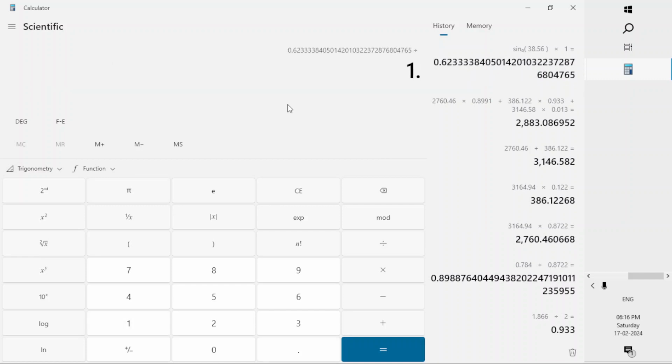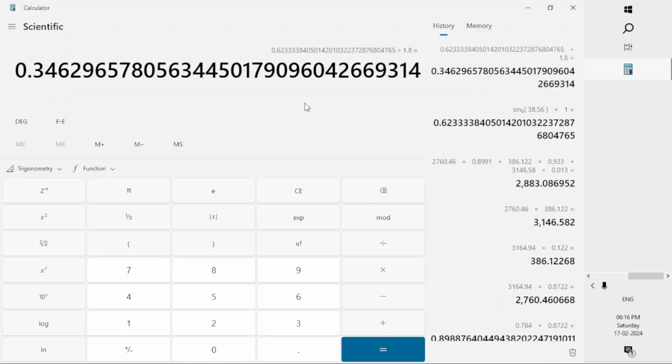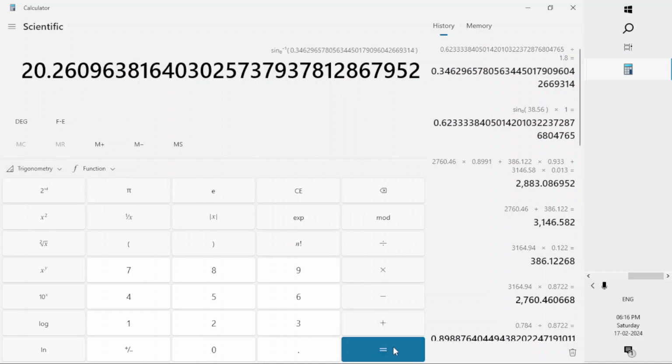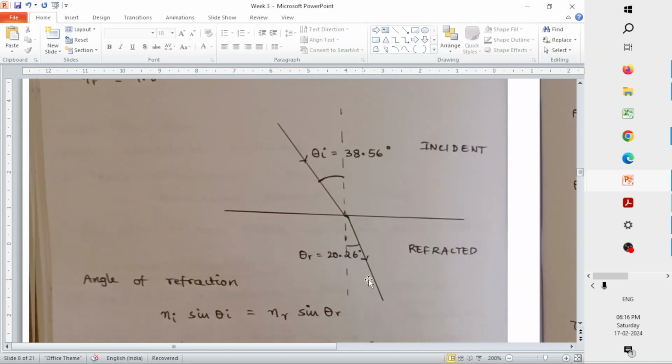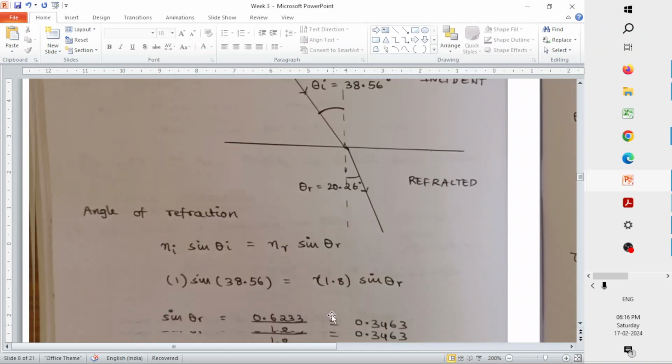Divided by 1.8, this is sine of theta r. So your sine of theta r is 0.346. Then you take the sine inverse, which is 20.26.